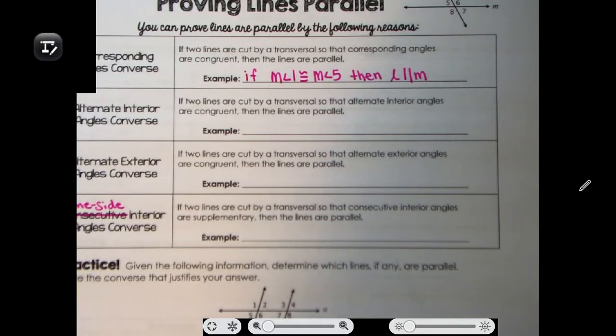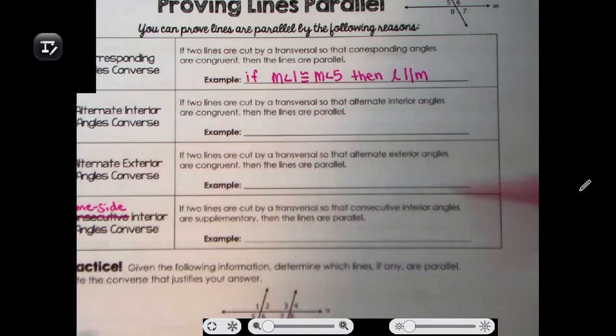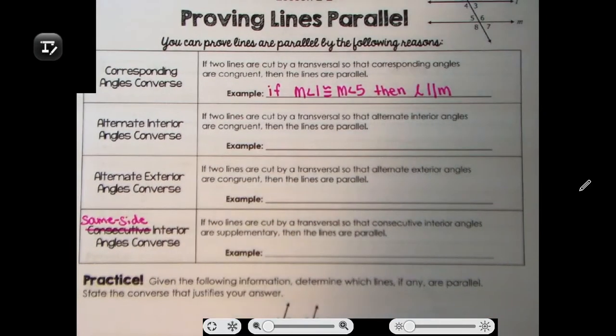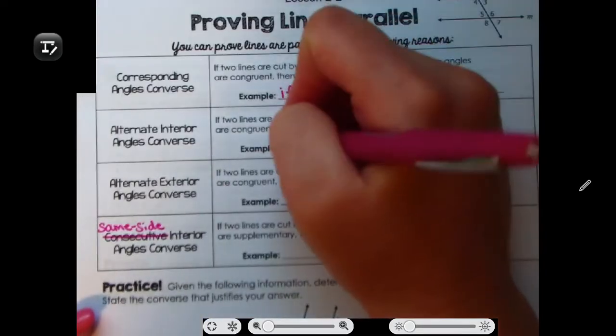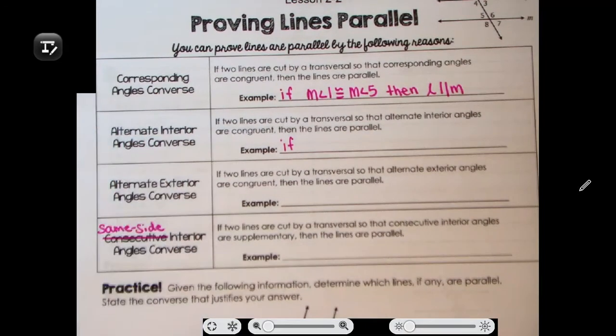So let's look at another one. Alternate interior angles converse. Now we're saying, if alternate interior angles are congruent, then the lines are parallel. It's going to be the same thing over and over with each type of angle relationship that we looked at in our last video. So let's pick out a pair of alternate interior angles.